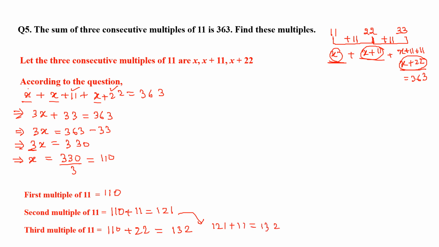And if you check, if you add 110, 121 and 132, you are going to get 363, which is given in the question. It means my answer is correct, isn't it? So I hope it is clear to everyone. Try to understand the concept and then solve it slowly.